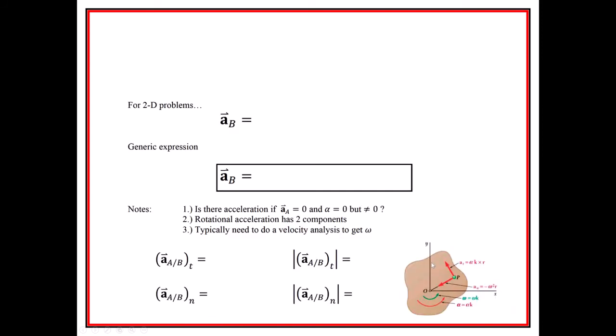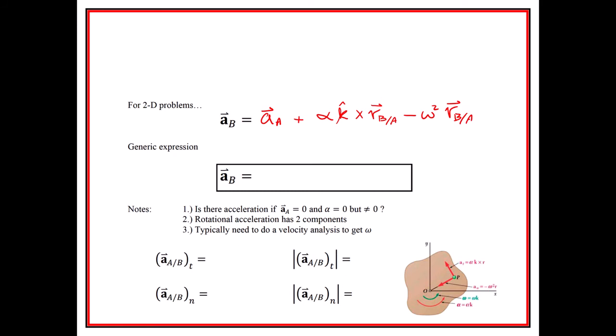But for 2D problems, what we end up having to say in summary is that the acceleration of B is equal to the acceleration of A plus the acceleration of B with respect to A, and, excuse me, I meant to write this, that we have alpha k crossed with the relative position of B with respect to A, and then minus omega squared r_B/A.